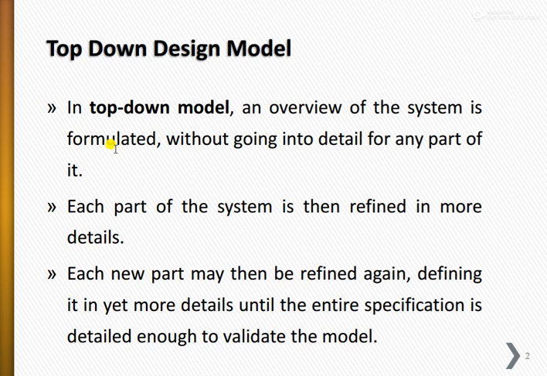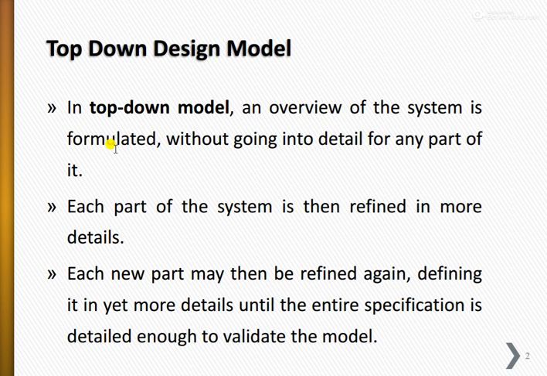An overview of the system is formulated without going into detail for any part of it. So in the case of the top-down approach, initially you can draw or formulate the overview of the system without going into the detail of any part of it.